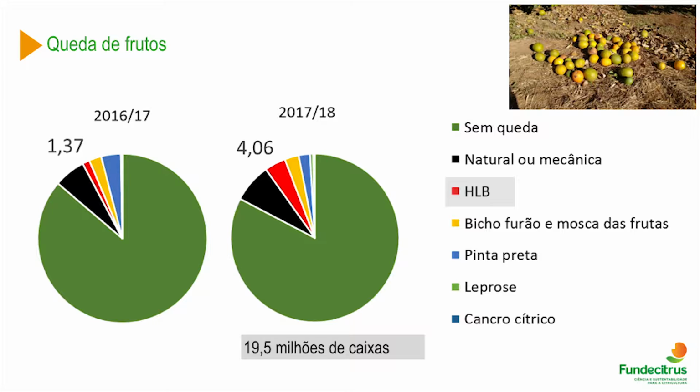The survey was carried out by the crop estimate team for the last 2 years. We have seen that among all factors causing fruit drop, especially those that are natural, mechanical, or related to diseases or pests, like HLB, fruit borer, fruit fly, black spot, leprosis, and citrus canker, the importance of HLB has increased in the last 2 years, moving from 1.37% to 4.06%.